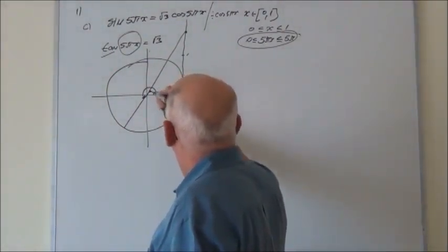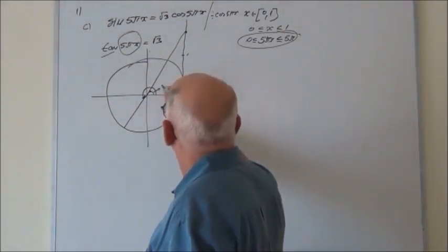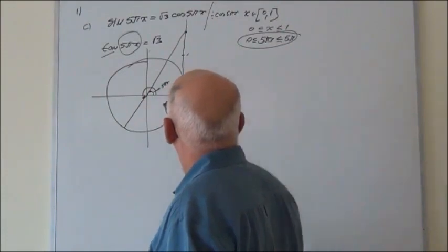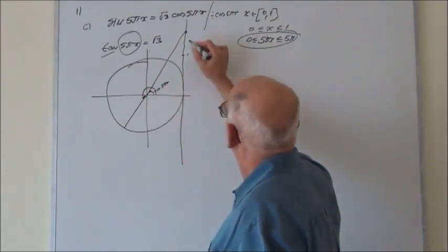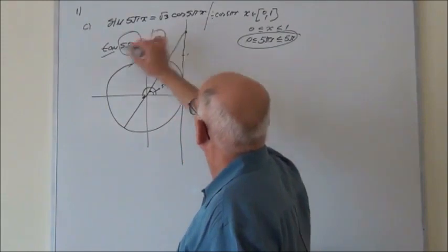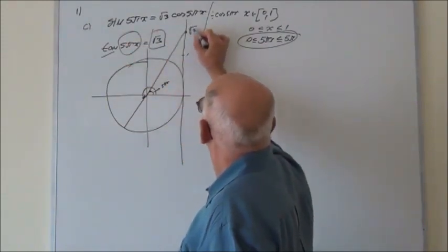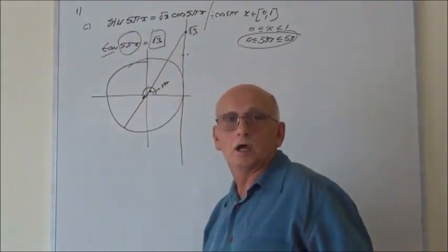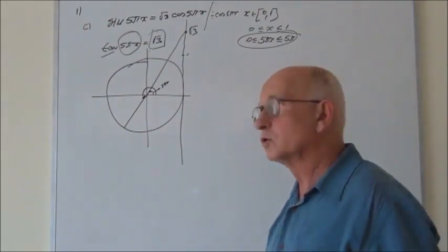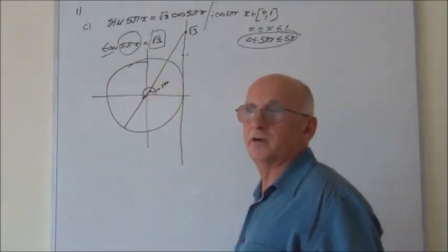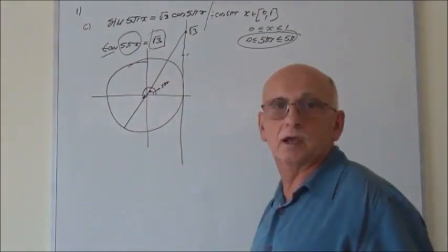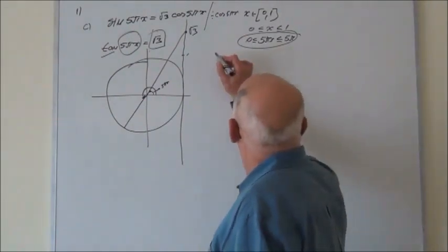That means this small angle here is 5 pi x, and we can recognize root 3 from the table of exact values, and for the tangent function it will give us angle pi on 3.